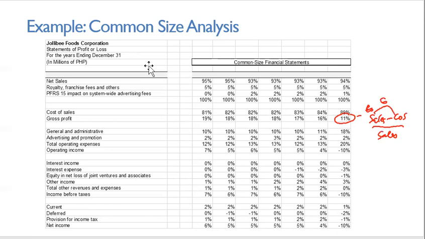This is gross profit over sales. So ito na yon. This is the gross profit margin. Ito naman, operating income, right? Operating income over sales. So this is called the operating profit margin. Ito naman sa dulo, net income. That's net income over sales, 10%. So that is the net profit margin. Okay? So, naaral na natin siya kanina. Okay?